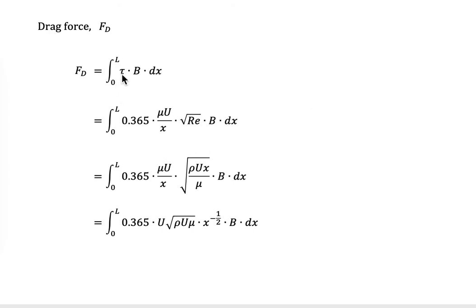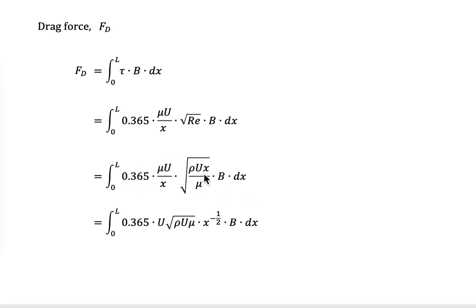We substitute the value of tau that we got in the previous slide. This is the value of shear stress that we get, and B is the width and dx is the distance in the x-axis. We replace the value of Re with its common equation, which is rho u x over mu, and then we simplify this equation.